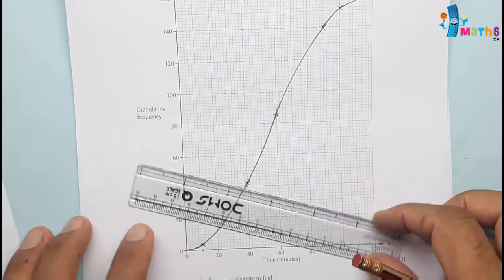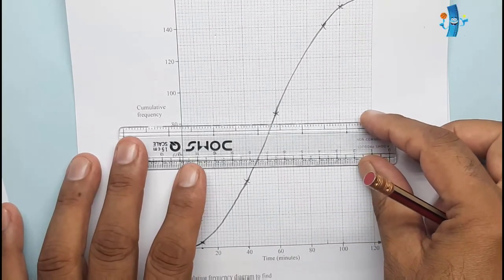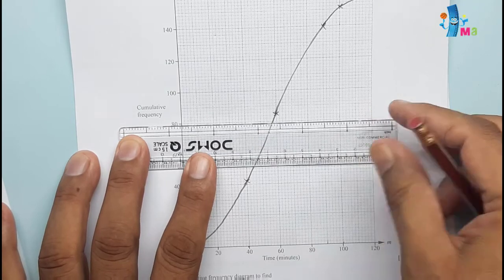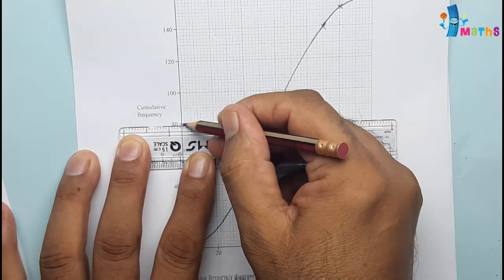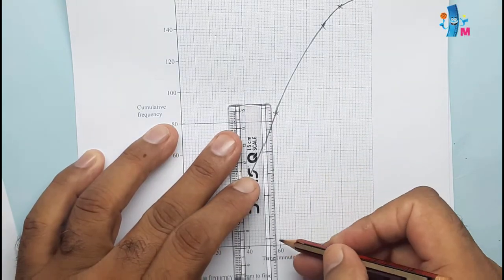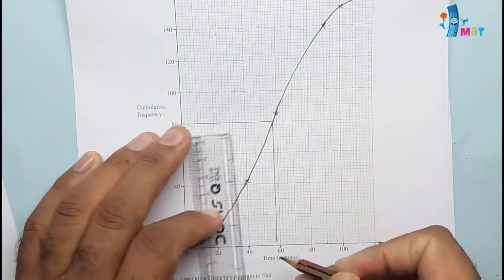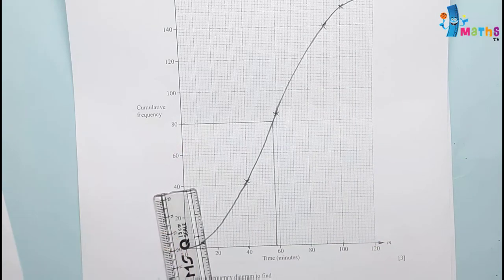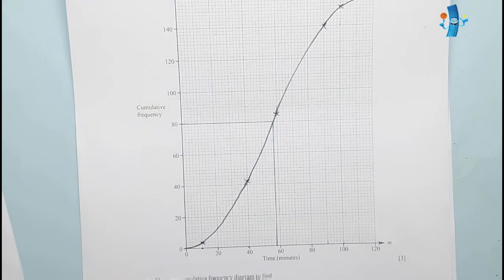We take the middle value against 80 because the total is 160. This will be here, so this is up to 58 or 59, so I'm writing 59.